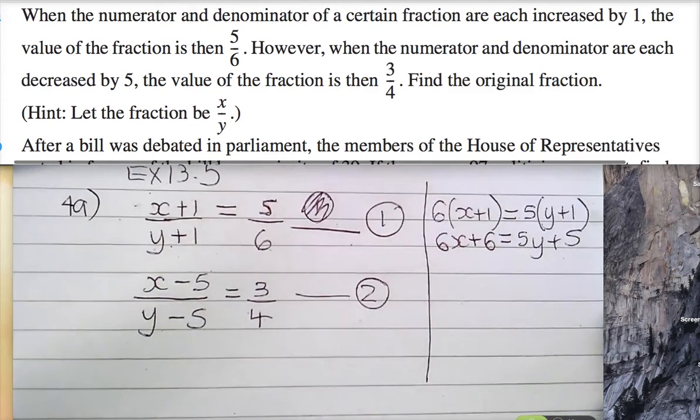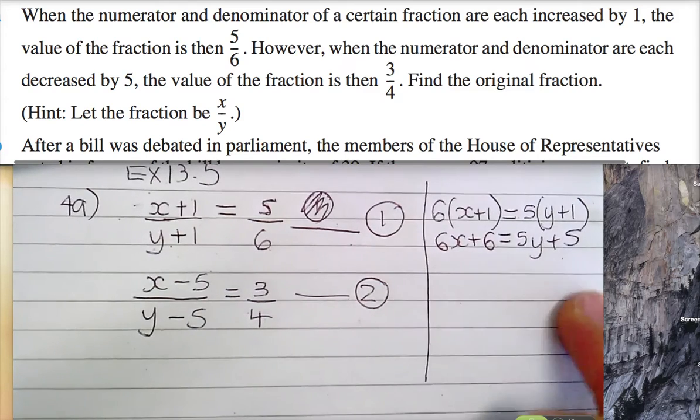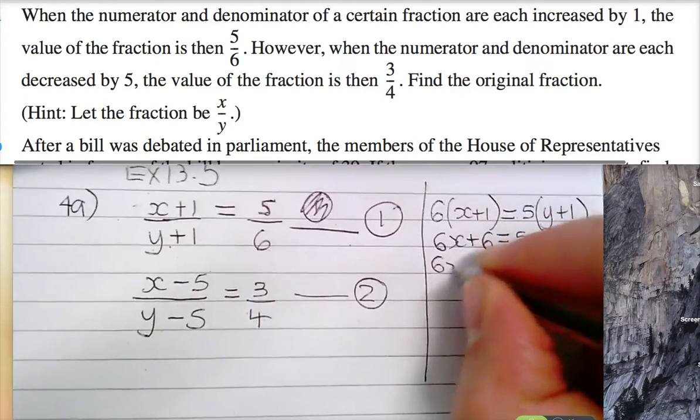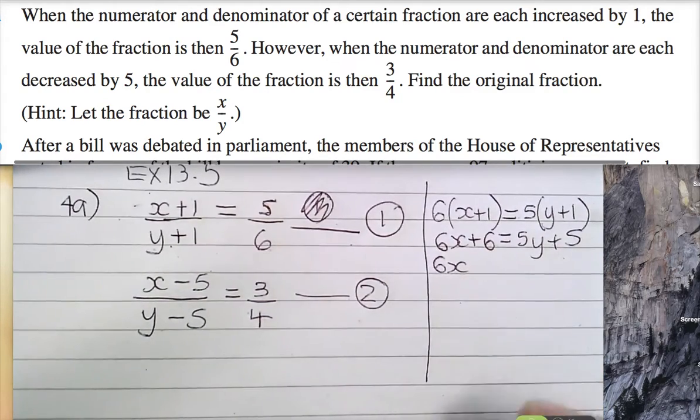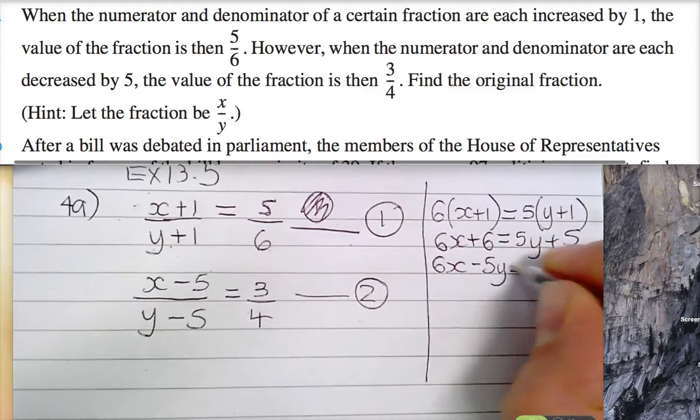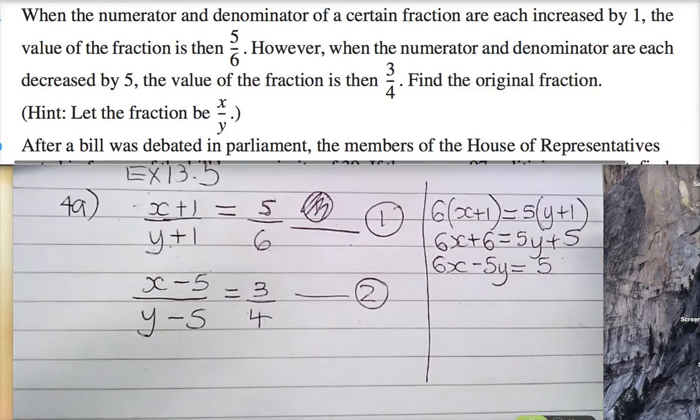Very good. So now I've got 2 numbers on their own. I want to bring everything over to the left. Actually, no, I'll keep the x. You're used to having the x and the y on the left and the numbers on the right. So keep the 6x here. Do I need to bring the 5y over? Plus or minus 5y? Minus 5y equals, keep this 5 over here.